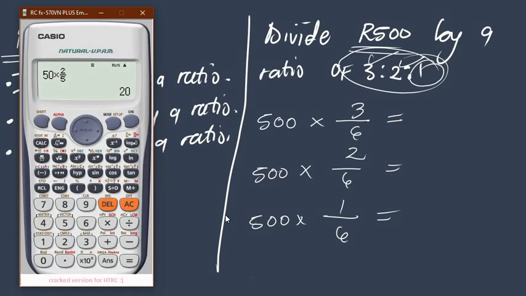So for me, what I get here, I want denominator 6 all over, numerator 3. This gives me how much? Oh, sorry, it's 500. I'm supposed to have 500. I'm saying 500 times 3 over 6. How much do I get there? Boom, 250. I write my value there.